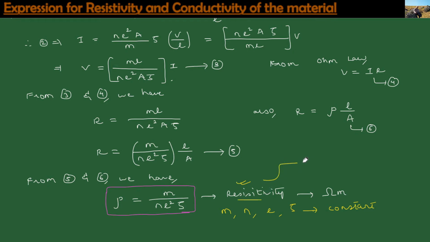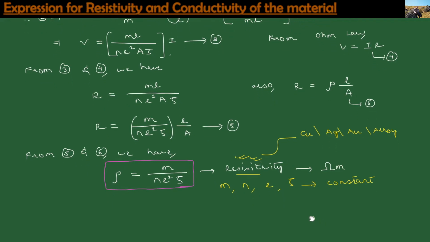That means the resistivity of materials such as copper, silver, gold, or even alloys such as manganin and constantan, all have a single, constant value of resistivity.